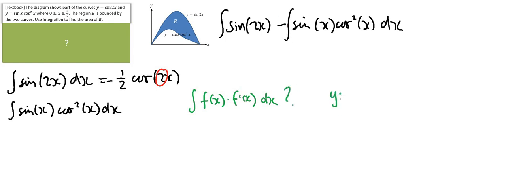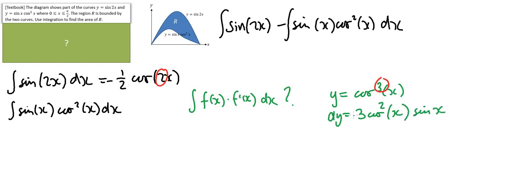We said that for this form, we'll guess that it's our function with 1 added to the power. So when we differentiate this, it equals 3 cos squared x times sine x, and that's going to be a minus.